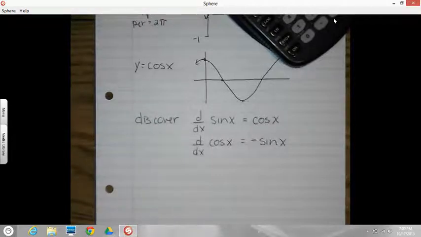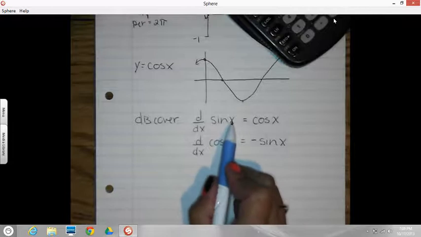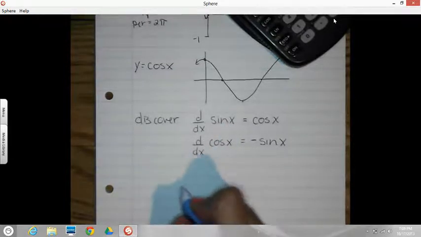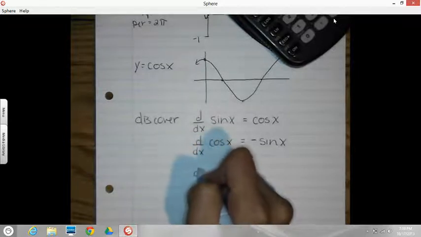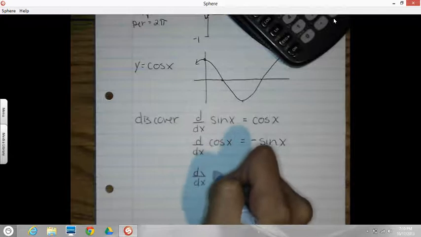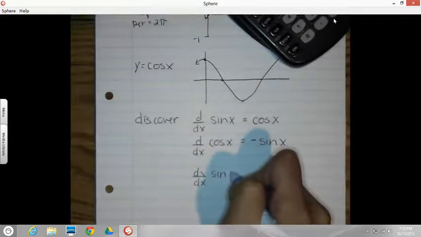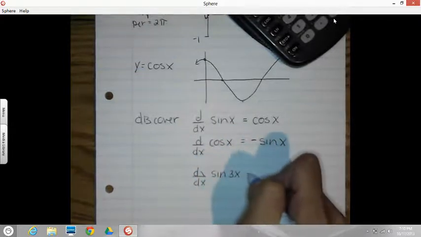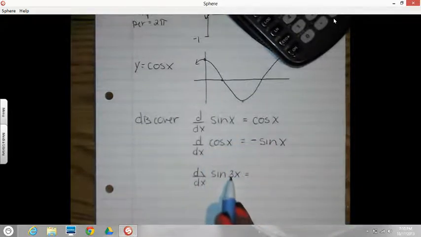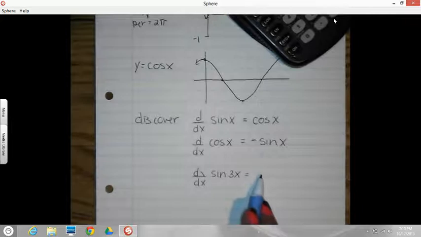So, what happens if I change the angle a little bit? Let's look at the derivative with respect to x. Let's try sine 3x. Okay, we already know the derivative of sine is cosine. What is this 3 on the angle going to do to my derivative?